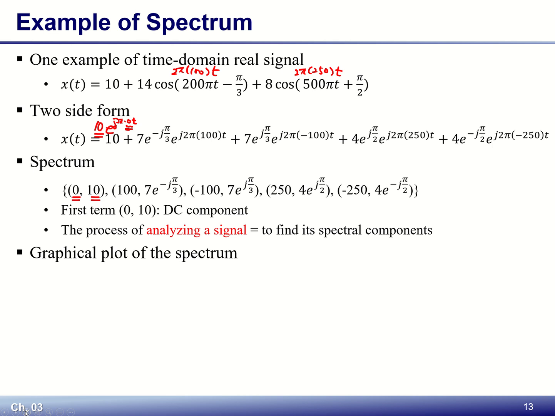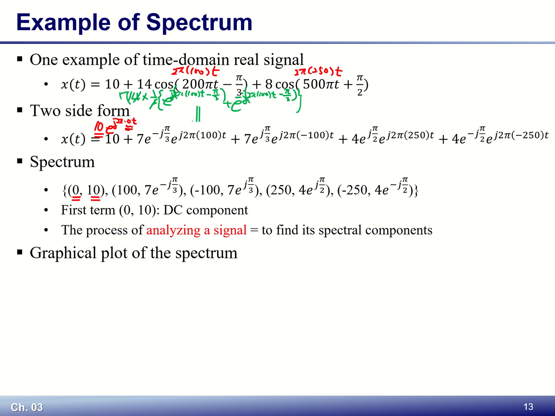In the case of 14 cosine(200 pi t minus pi over 3), we can express it with exponentials using the Euler formula. Exponential j 2 pi 100 t minus pi over 3, with amplitude 7.